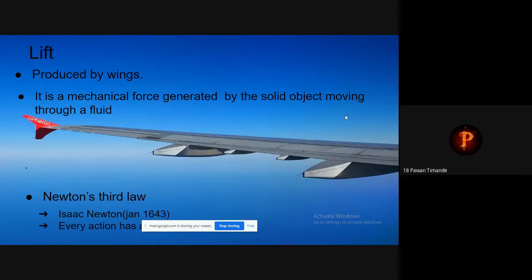When the airplane is moving in a particular direction, it needs to oppose the air, and while opposing air, it exerts some equal and opposite force. So when these actions take place at a time, the wings exert a force which opposes the drag force, and this causes lift, which we will see in our next slide.